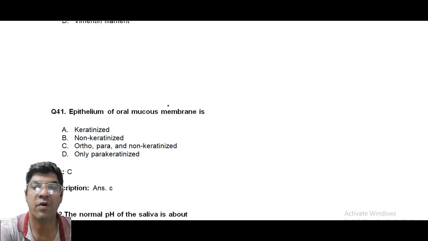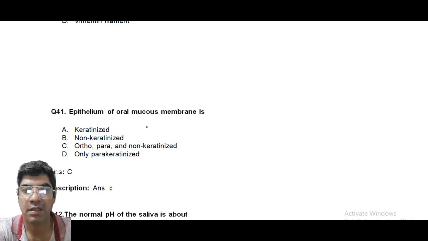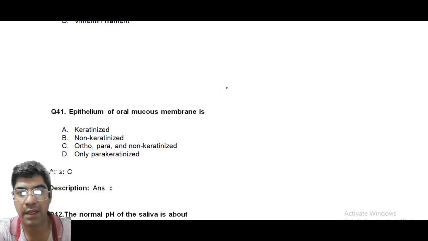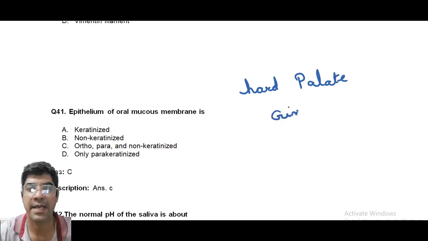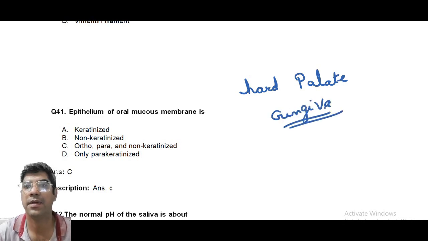The epithelium of oral mucosa can be orthokeratinoid. The orthokeratinoid is found in areas like the hard palate and gingiva.